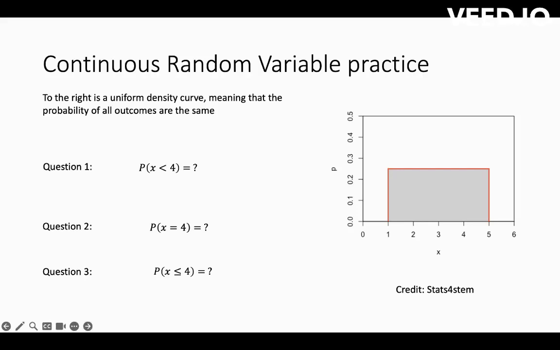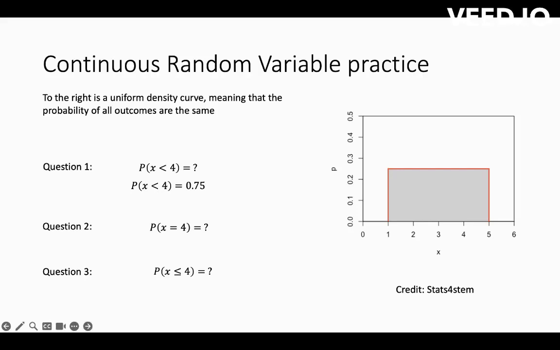But for x is less than 4, we can see that the length is 1, 2, 3, and the height is 0.25, which we can use 3 times 0.25, which will give us 0.75. What is the probability of x is equal to 4?